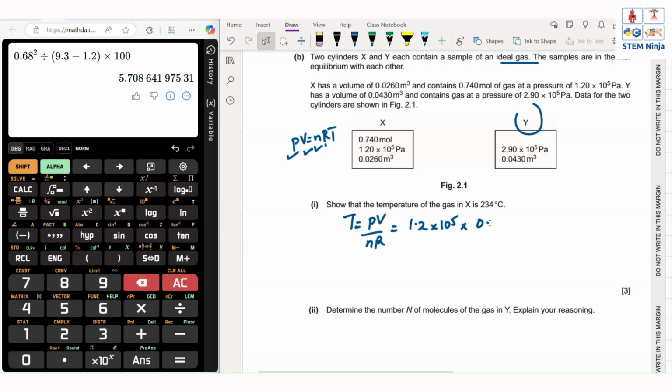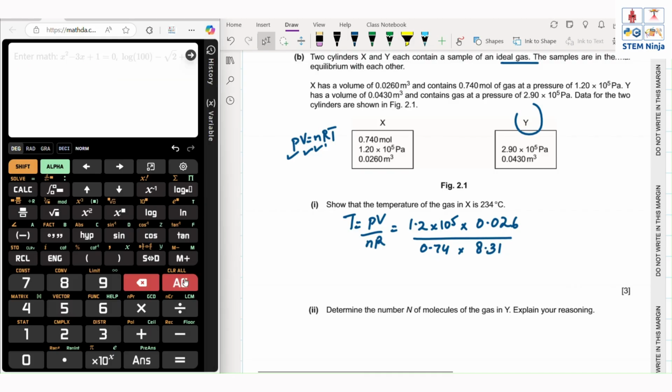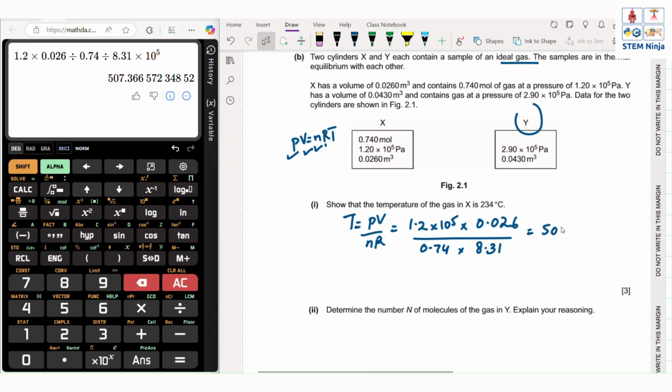Volume is given as 0.026, divided by 0.74, divided by 8.31. You can confirm the value from the booklet, from the constants. 1.2 times 0.026 divided by 0.74 divided by 8.31 times 10 raised to power 5. You get 507.367. This is in kelvins.